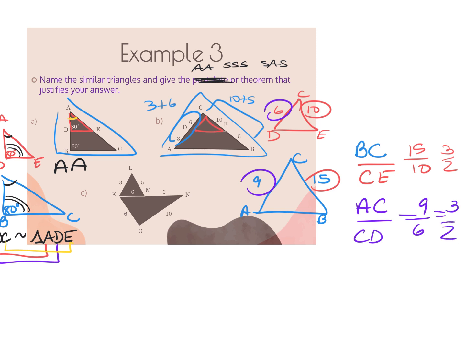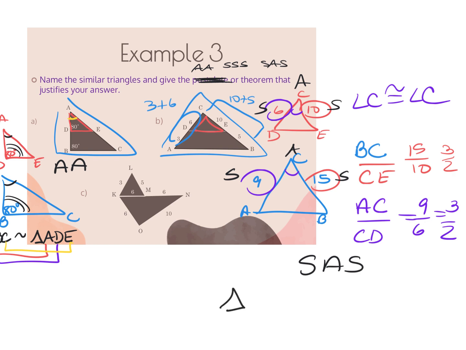Notice they also both have angle C. So angle C is congruent to angle C by reflexive. So I do have enough information to prove that these 2 triangles are similar because I have the 2 proportional sides and the included angle as congruent. So by using side, angle, side, I could state that ABC is similar to triangle DEC.